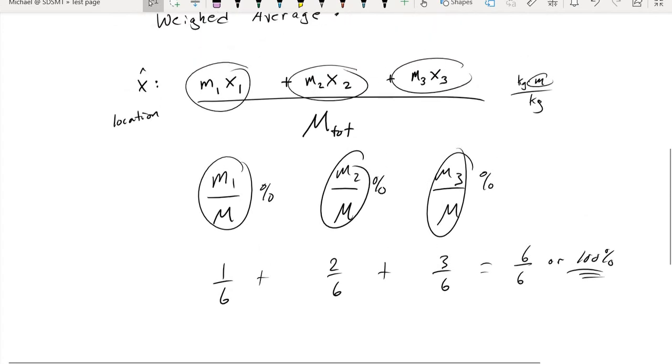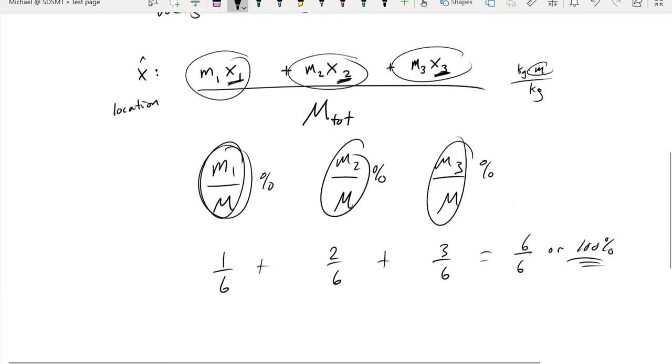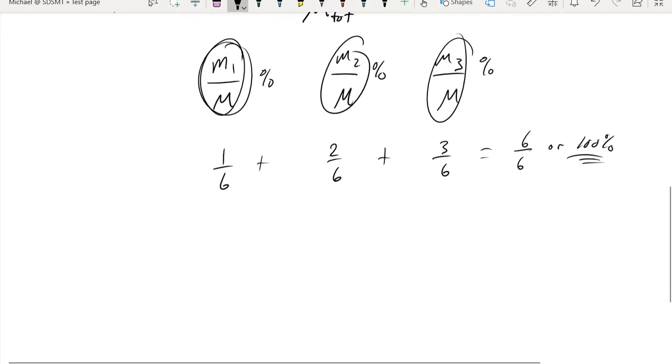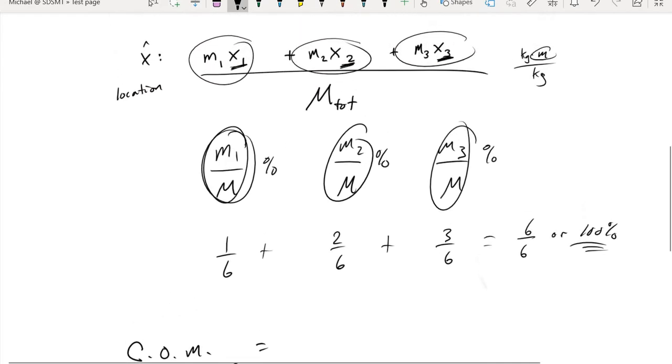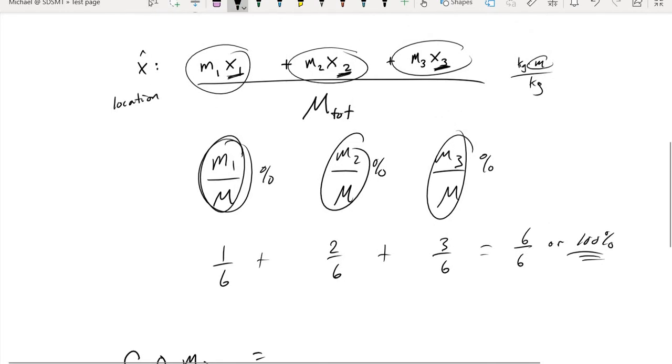We're now going to match those ratios to the individual positions that each mass occupies. Now I'm going to rewrite this expression because we want the center of mass x component. So what are we doing in this top line here?